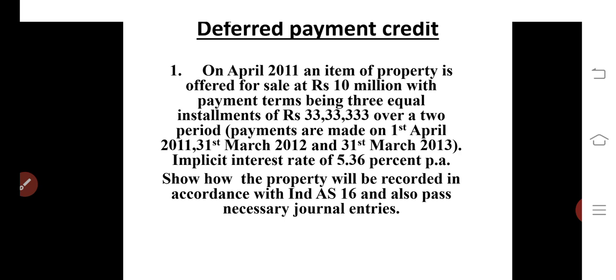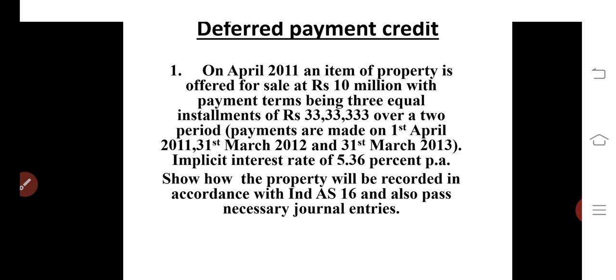If payment is deferred beyond normal credit terms, the difference between the cash price equivalent and the total payment is recognized as interest over the period of credit, unless such interest is capitalized in accordance with Indian Accounting Standard 23. So this is about deferred payment credit.